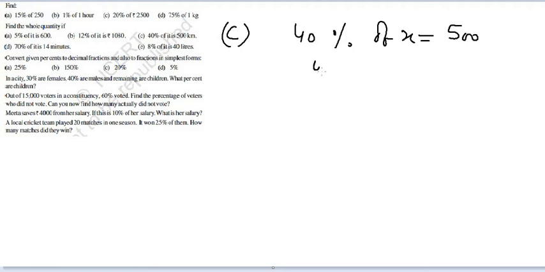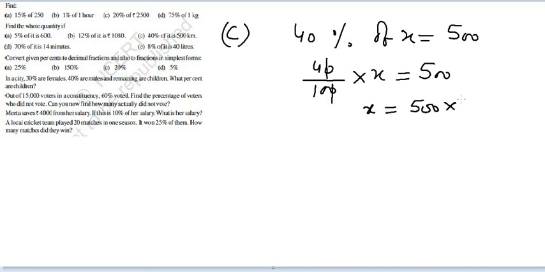So we write 40% as 40 upon 100 into X equals to 500. If you solve it, 4 upon 10. So X equals to 500 into 10 upon 4. If you solve it, 2 fives are 10, further you can solve it.